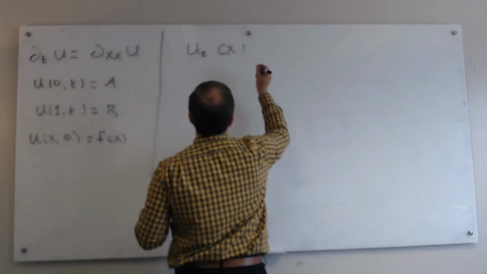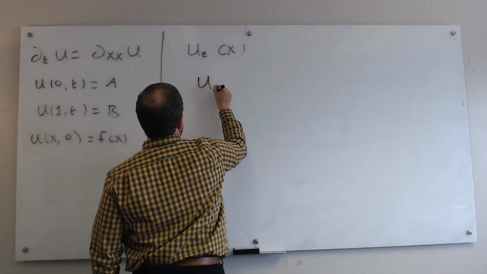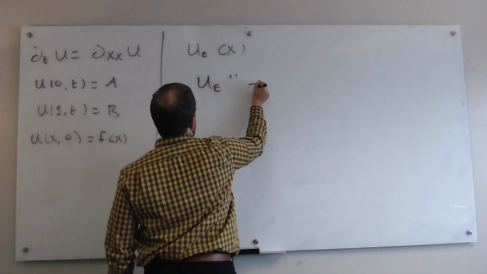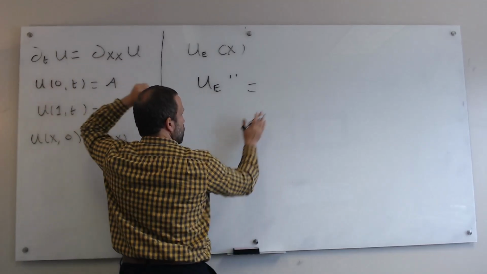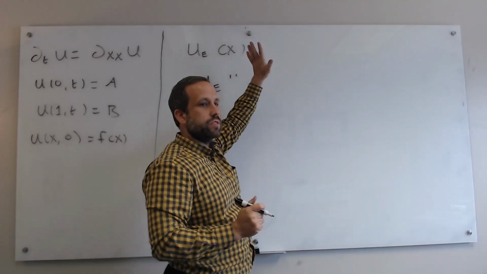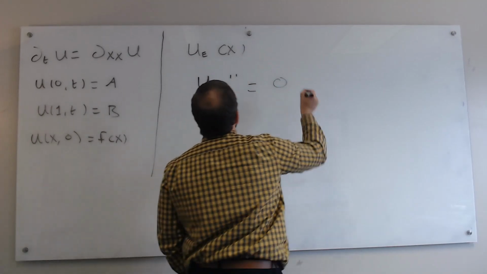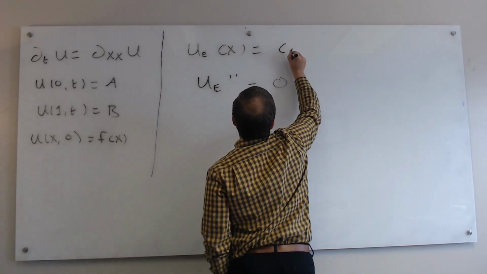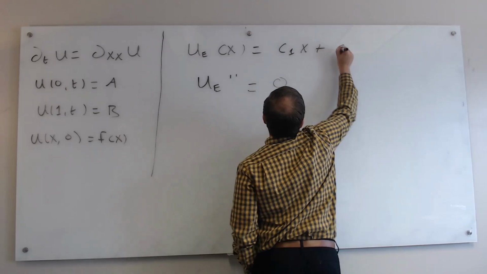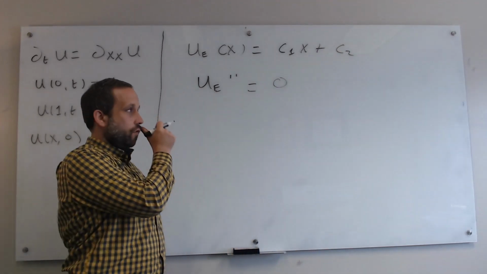So if we plug it in up here, we're going to get u_e double prime. Well, u_e double prime is equal to the t derivative, which the additional assumption here is equal to 0. So u_e double prime is 0. So this means u_e is going to be equal to c1 x plus c2, because if a function's second derivative is equal to 0, it has this form.